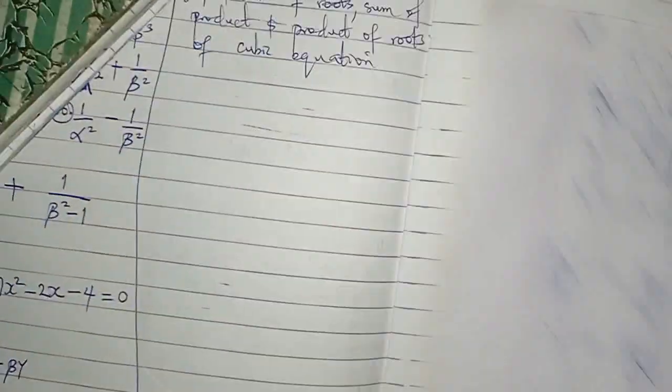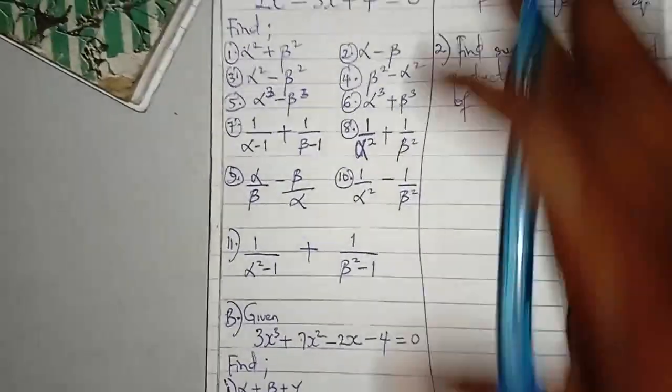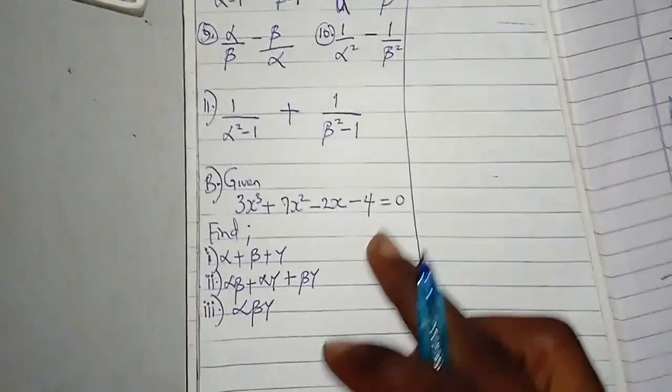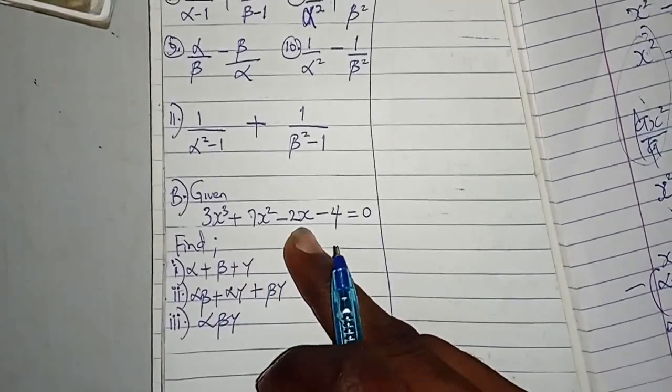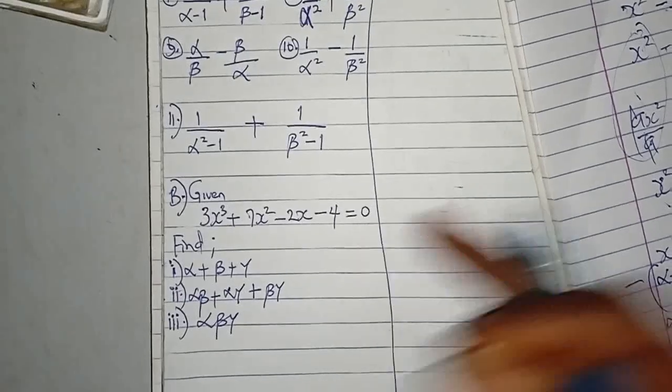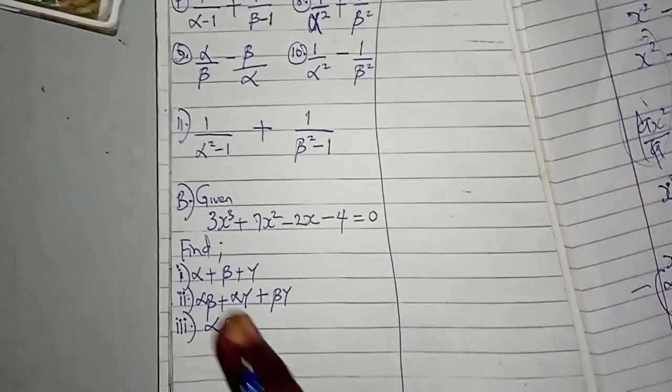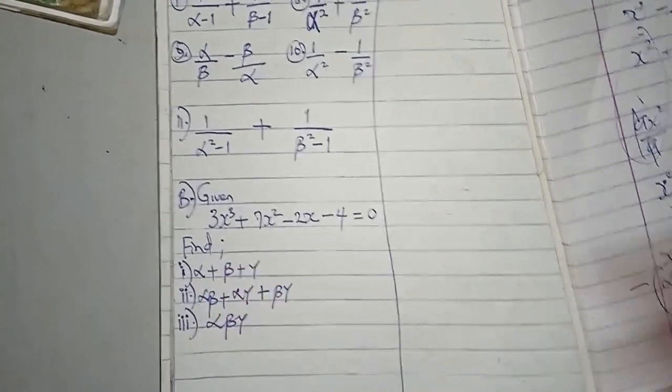Now that we have all the parameters we need, look at the question. The question says, given 3x cubed plus 7x squared minus 2x minus 4 equals 0, find alpha plus beta plus gamma.